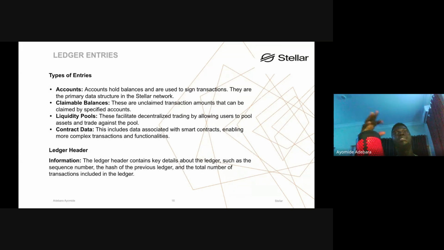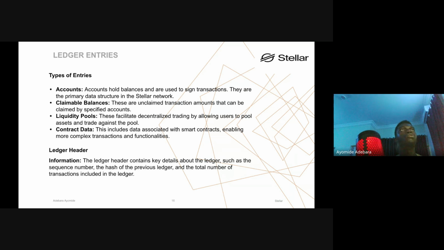I think I've explained it before, but I'll explain it again. It's an account that requires more than one person to sign a transaction, and if the threshold needed to sign that transaction is met, then the transaction would be sent.